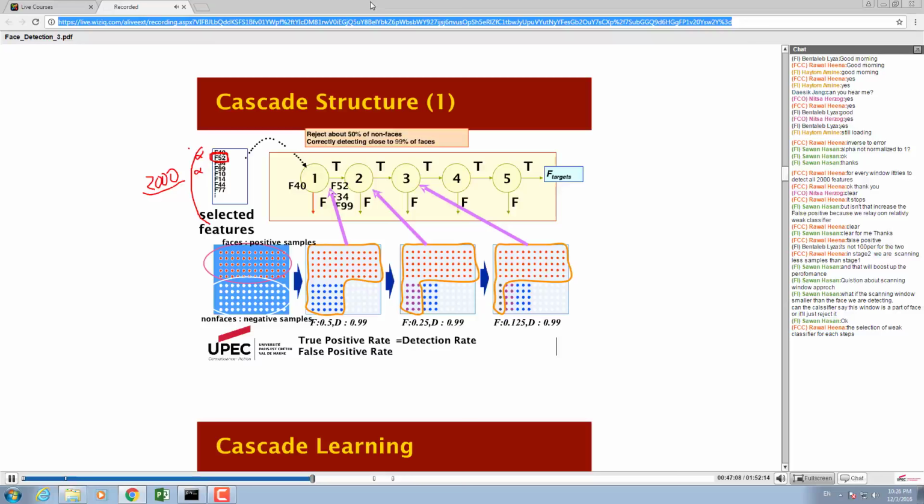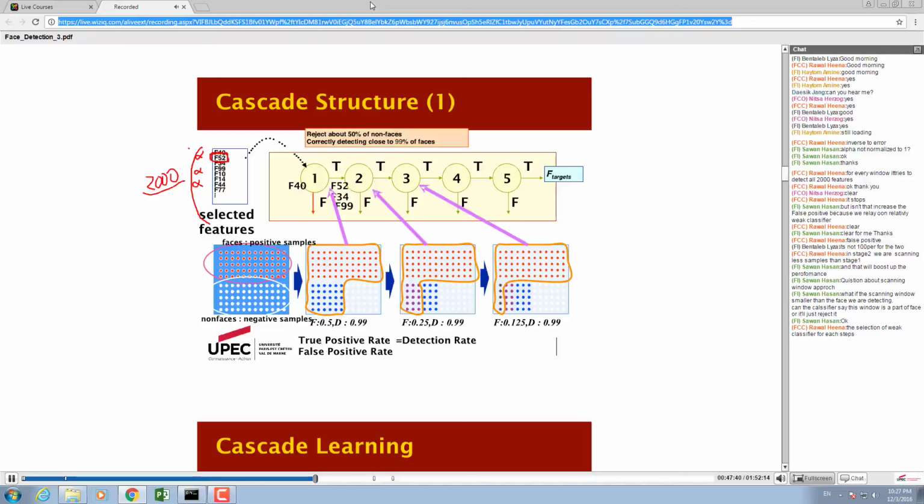Then, if you remember, every weak classifier will have a different alpha value. So we sorted the weak classifiers, selecting 2,000 based on alpha in descending order. F40 in this example, just for example, will have the biggest alpha.